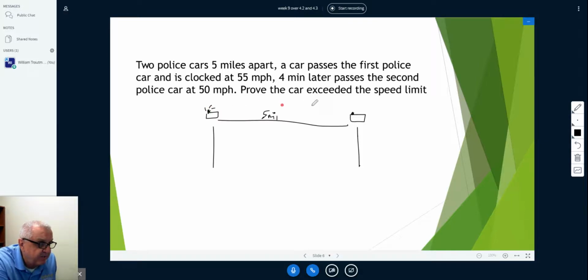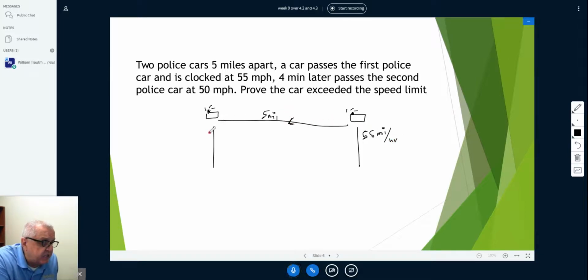I think that's supposed to be a little light police car. They're 5 miles apart. The first police clocks you at 55 miles an hour. You're going this way. So here they clocked you at 55 miles per hour.